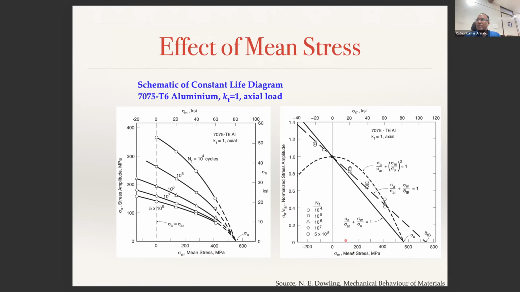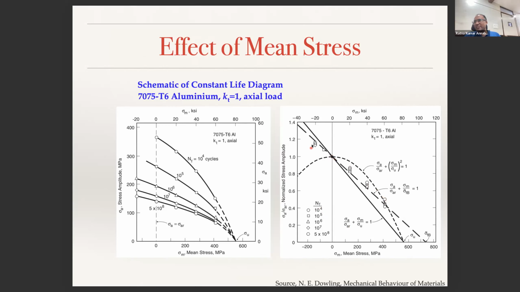Now, if I normalize my mean stress and stress amplitude with respect to the corresponding ultimate strength, so ultimate strength is this, and sigma AR is the stress amplitude for failure at that number of cycles with zero mean stress. That point has come out to be this one. So then these are the data points.